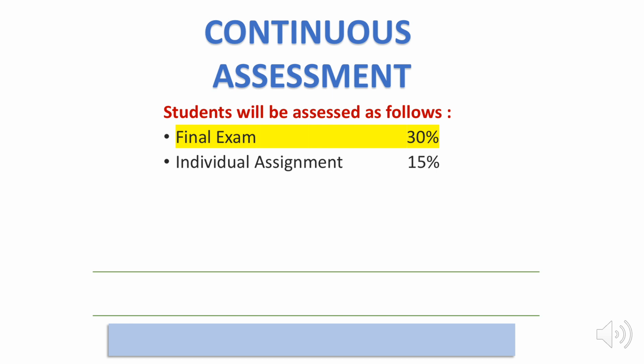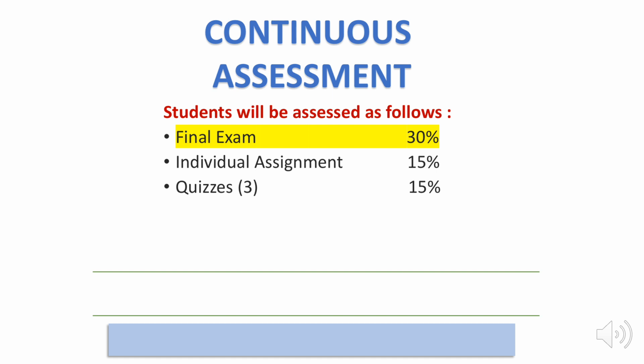Then quizzes: you have 3 quizzes, which are quiz 1, 2 and 3. Normally you sit each quiz after we have done the topic. For example, topic 1 is introduction to computer, so after we have learned the topic, next week is quiz 1.